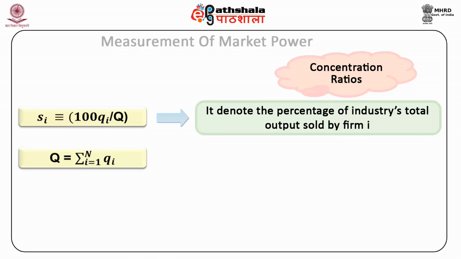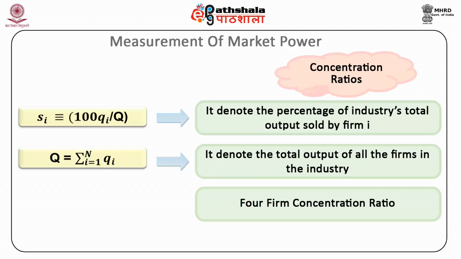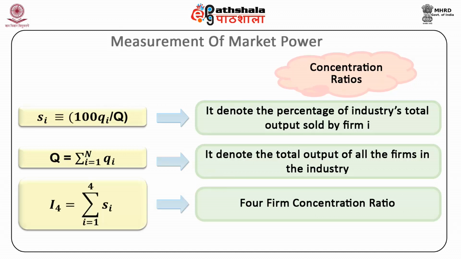Thus, capital Q equals the summation of Qi, where i equals 1 to n. Let us order all the firms in the industry so that firm 1 has the largest market share, firm 2 the second largest, and so on. We define the 4 firm concentration ratio by I4 equals the summation of Si, where i goes from 1 to 4.